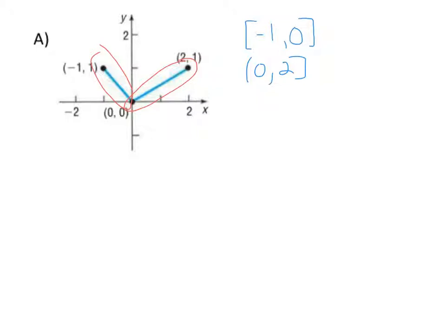So the nice thing, as I said, is that we will only be dealing with linear functions for this particular unit, so there's no need to stress out about different types of functions that you may see. So on this first piece, going from -1 to 0, over here, this one has a slope of -1.